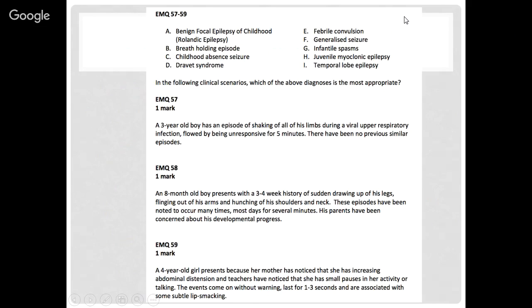So I'll give you guys a minute to try to do all of these questions. You've probably all seen them already because you're in 4th year and you've probably done these exams 7 times. But I'll give you guys a minute.